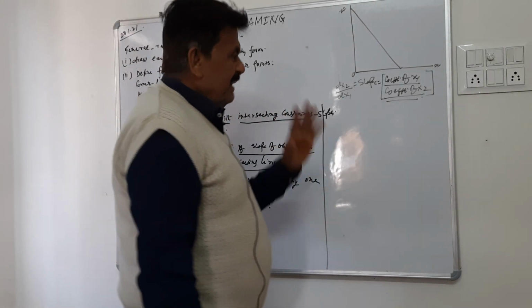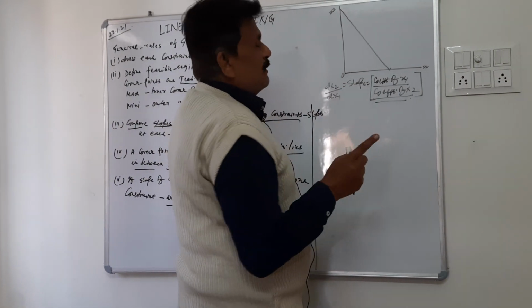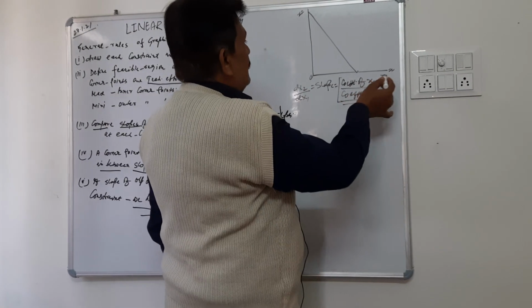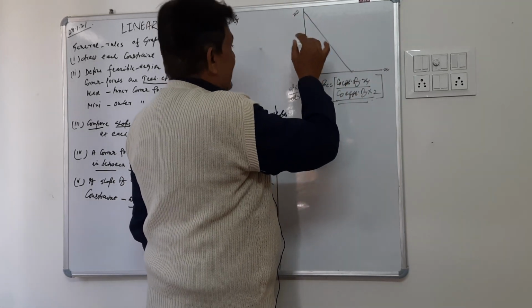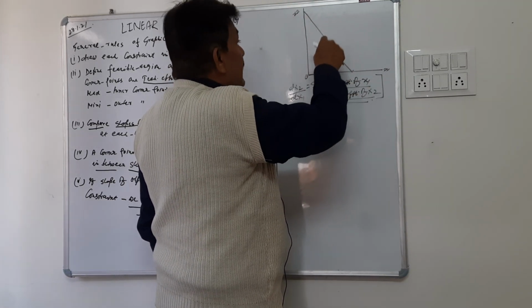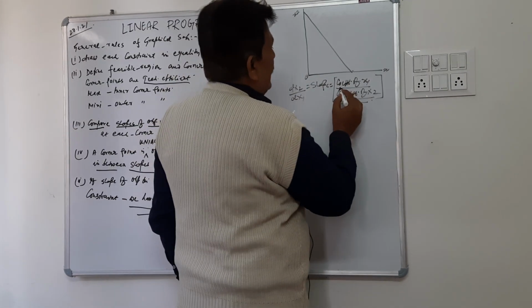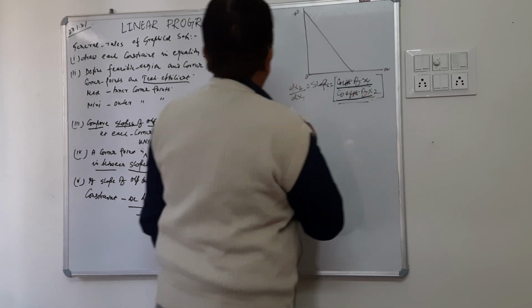Secondly, in today's sum, the two variables are x1 and x2 instead of x and y. When we deal with x1 and x2, x1 is the horizontal axis and x2 is the vertical axis, and in that case the slope of any line lying in this 2D space would be the coefficient of x1 divided by the coefficient of x2.